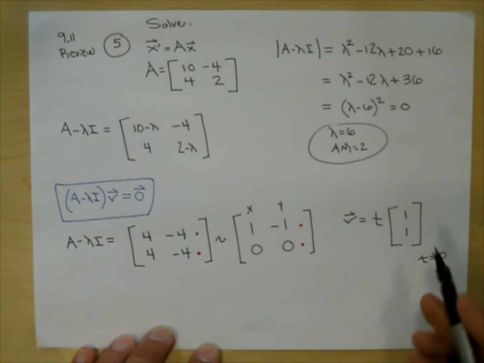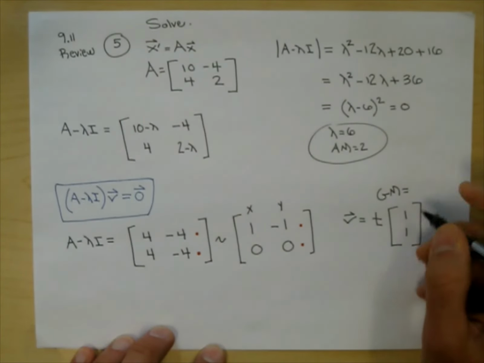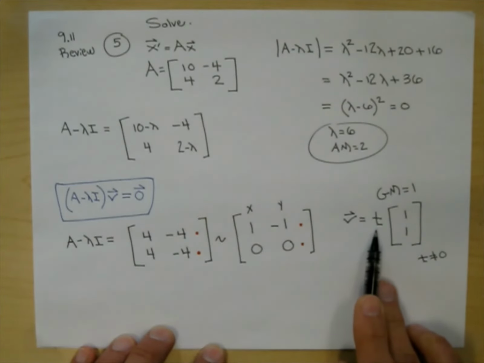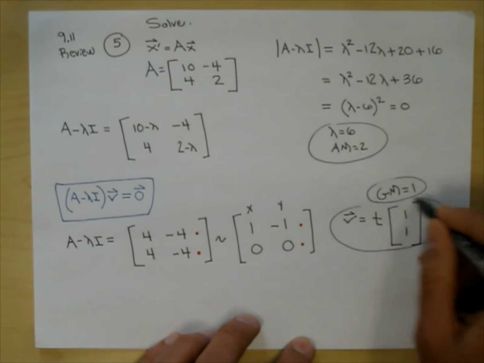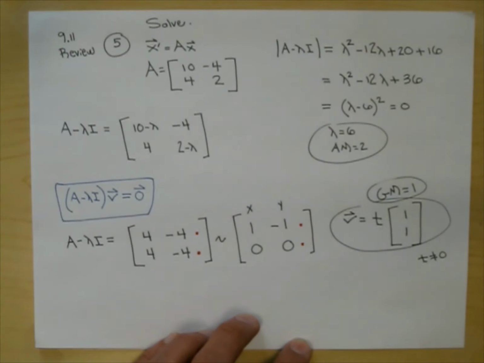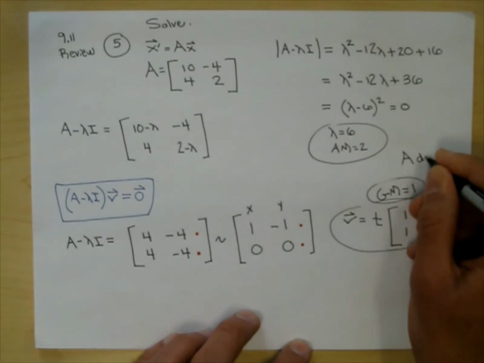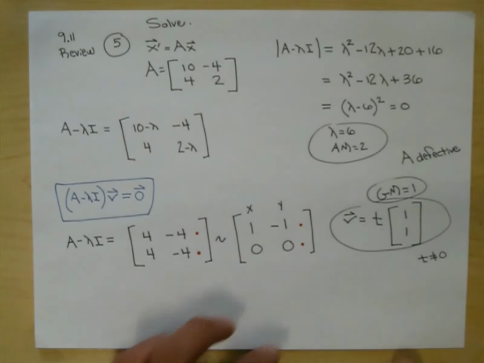Now notice the geometric multiplicity is 1, because there was only one parameter, t. And so this would tell us that A is defective. So what am I supposed to do with this information?